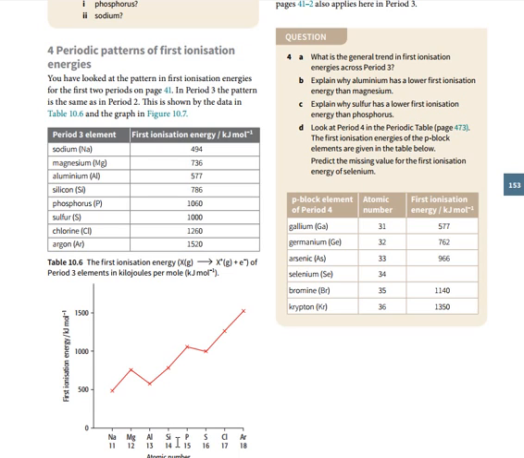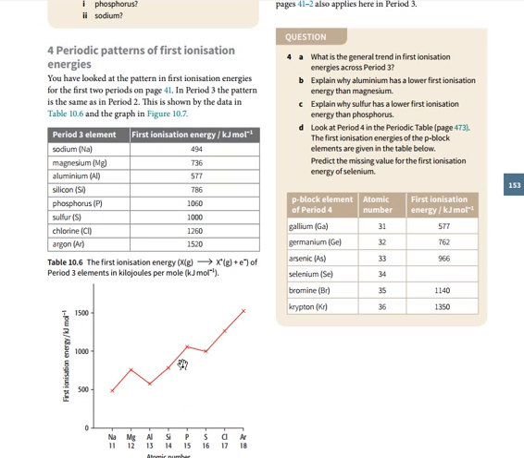This is because the electron which enters the aluminum shell now enters the p subshell, so it enters p1. The electron entering magnesium entered the s subshell, while the electron entering aluminum enters the p subshell, and that p1, that px or py or pz subshell, has only one electron, which is unstable, and it easily moves out. That's why you have a small decrease in the case of aluminum.